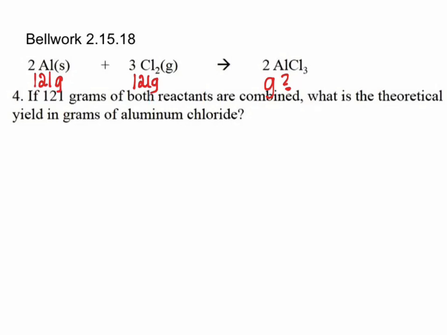solving. So my first thing I do is I'm in grams, and I need to get to moles. So I'm going to take each one, and I'm going to divide them by their molar mass. So aluminum gets divided by 27 grams per mole, and the chlorine gets divided by 71 grams per mole.